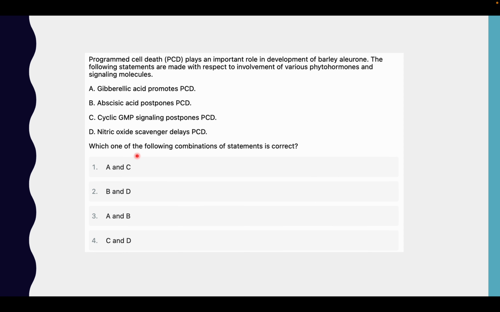Option 3, A and B. Correct. I recently told in the previous question that ABA postpones PCD and GA promotes PCD, and no other things are involved, like cyclic GMP or nitric oxide.